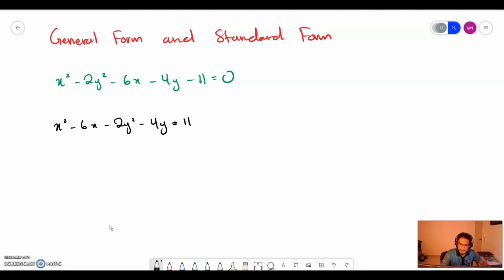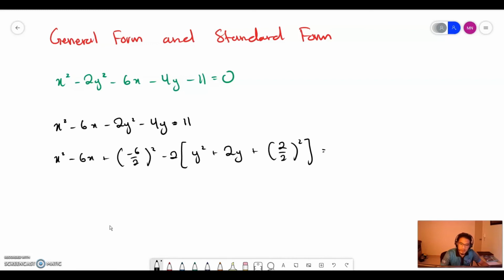And now we proceed with the completing the square. Firstly, for the x, plus negative 6 over 2 squared, and then for the y we factorize out the negative 2, then it will be y squared plus 2y plus 2 over 2 squared, equal to 11 minus 2 over 2 squared.